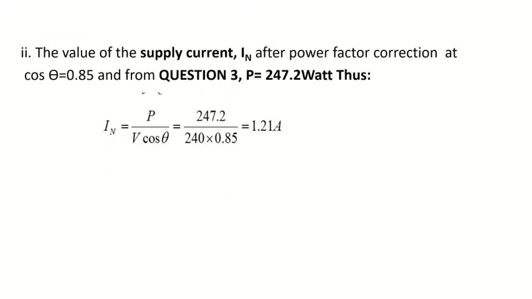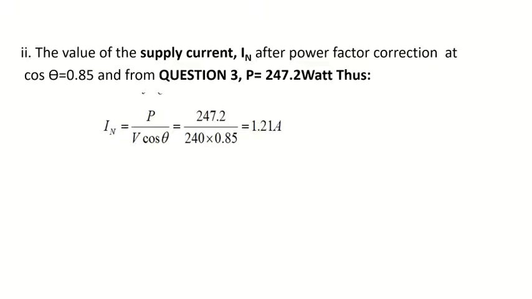Now, the question also wants you to find the new value of the supply current after you did the power factor correction. We know that P remains the same, which you obtained previously, equivalent to 247.2 watt.